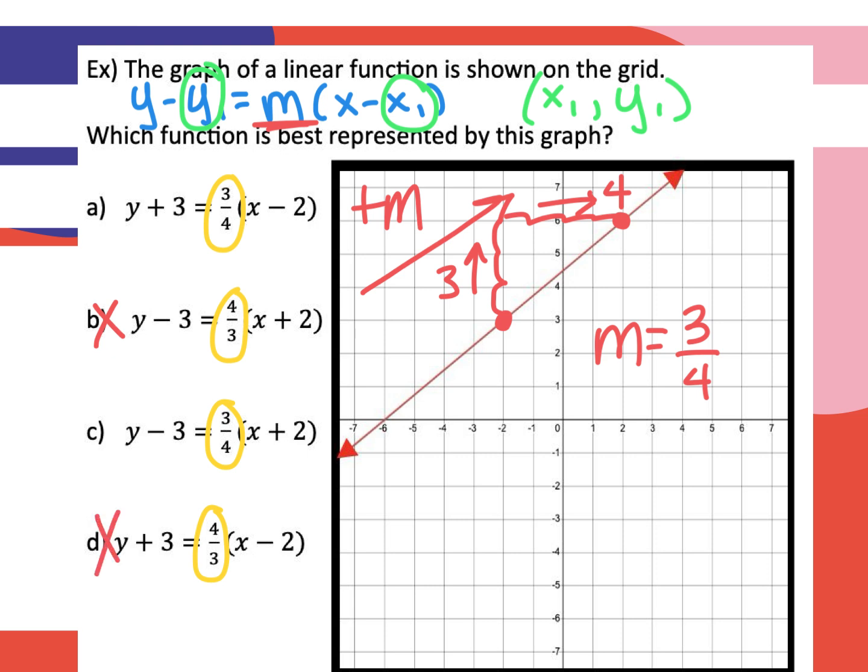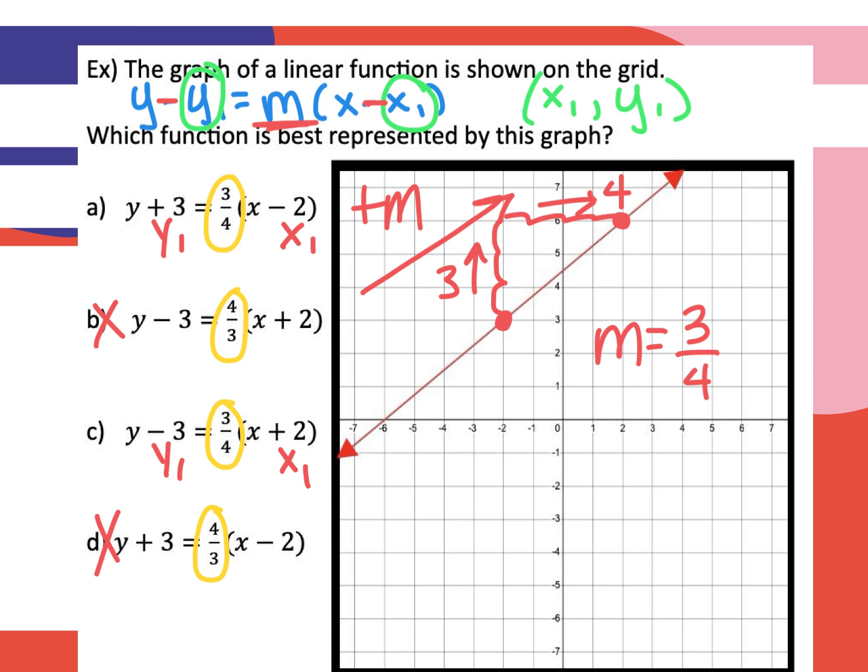Okay. So the other thing that we need to look at, if x1 and y1 are a coordinate, x1, y1, sorry. We need to also realize that in this formula, we have a minus in front of these, okay?